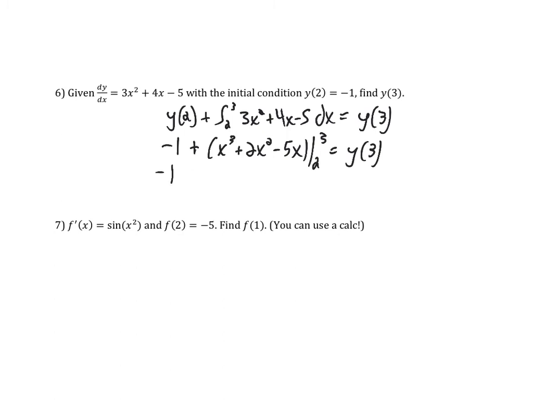So if we integrate this just to save us some time, the integral from 2 to 3 of that function is just 23. So plus 23, and if you want to prove it, you can do it out. Equals y of 3. Combine those two. That gives me 20. Oh, sorry, I take it back. It's not 23, it's 24. I'm looking at the wrong thing. Sorry, it's 24, which means y of 3 is just 23.